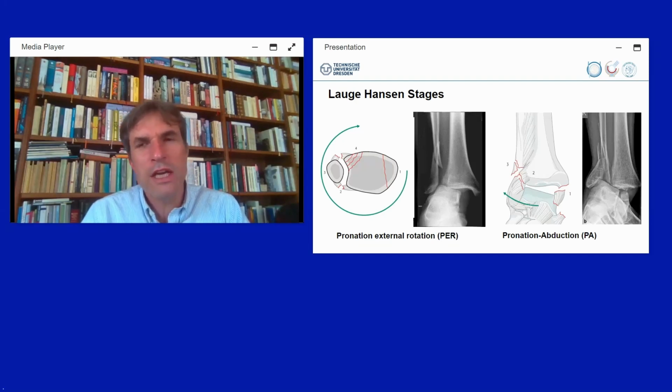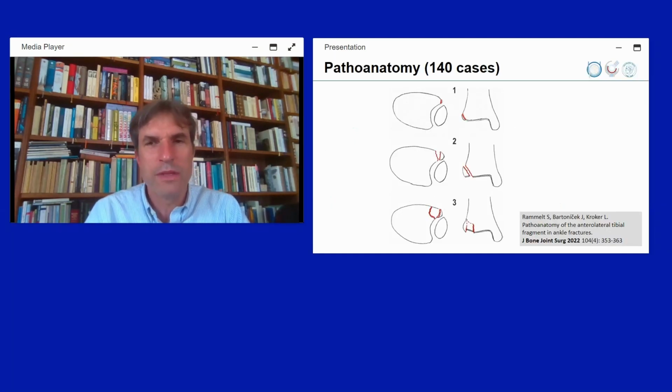And now that we have CT scans, and YouTube videos of people taking movies of their own injuries, we know that a fracture that looks like, for instance, a supination fracture is not always in fact caused by supination. But maybe there's something to that abduction movement, and maybe there's something to external rotation.